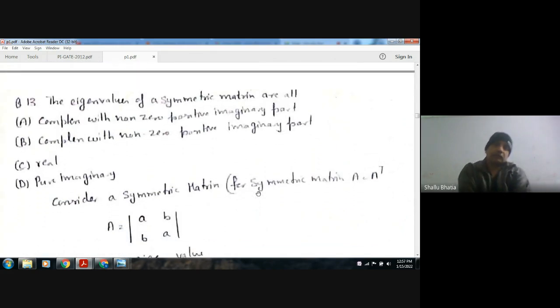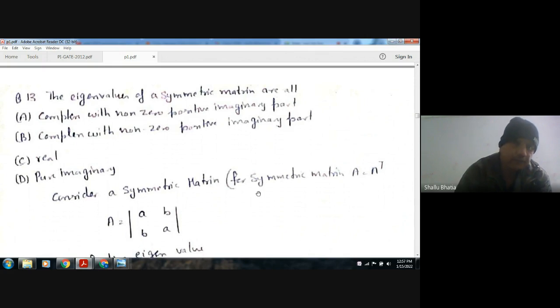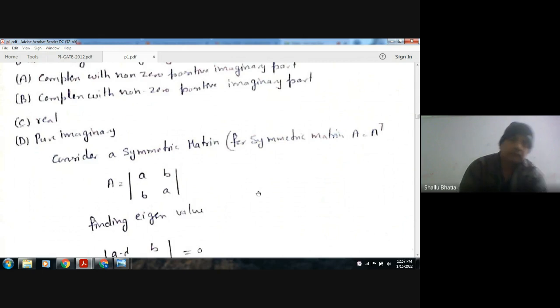Next, the eigenvalues of a symmetric matrix are all: option A complex with non-zero positive imaginary part, B real, C complex with non-zero negative imaginary part, D pure imaginary. What is a symmetric matrix? A symmetric matrix is one where A is equal to A transpose. Let us take a symmetric matrix with entries a, b, b, a, and its transpose is equal to this matrix.